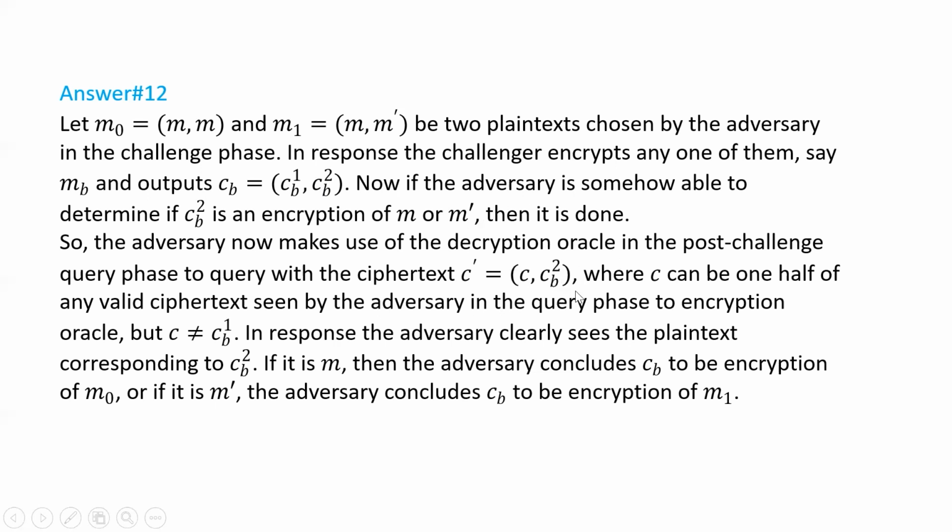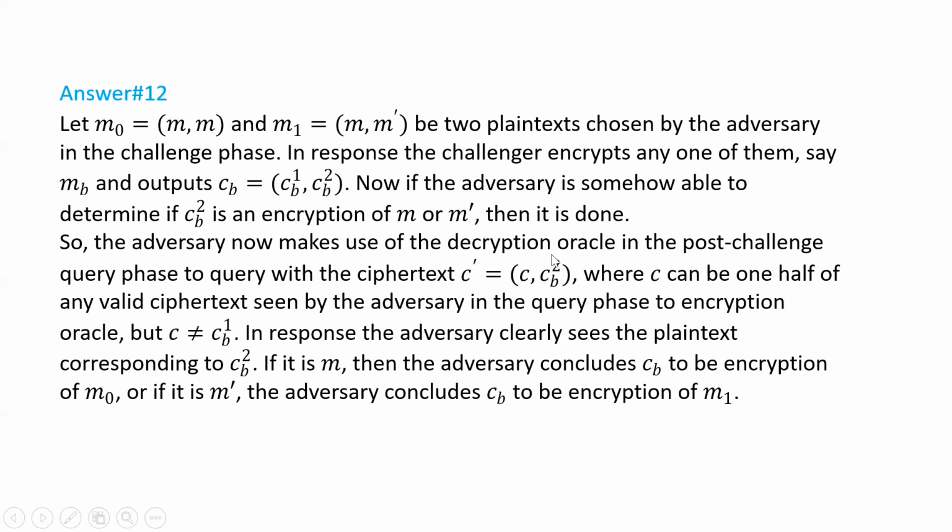Now when the adversary queries the decryption oracle with this ciphertext C dash, it gains the decryption of C and CB2. As CB2 is decrypted, if it is M, then the adversary concludes that the challenge ciphertext was an encryption of M0.